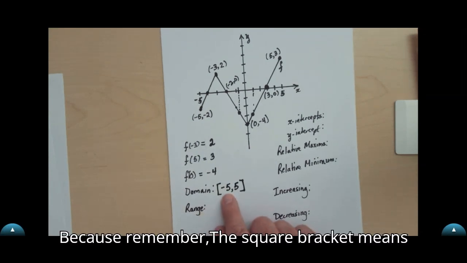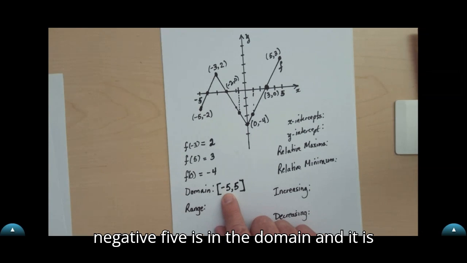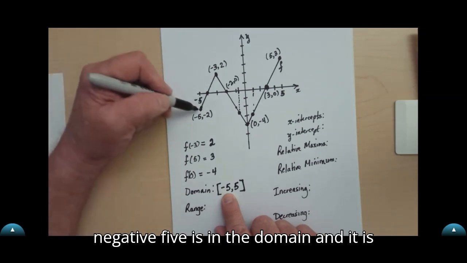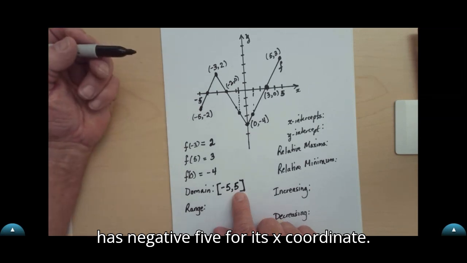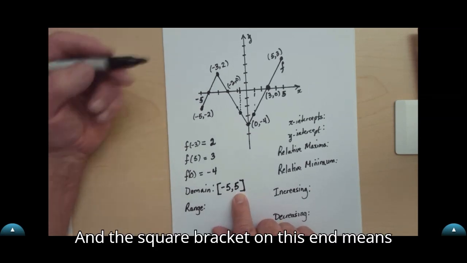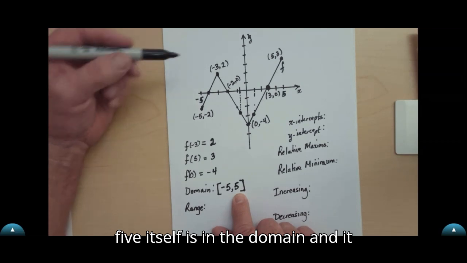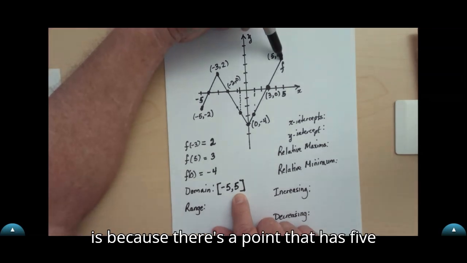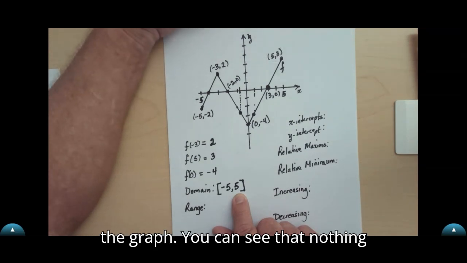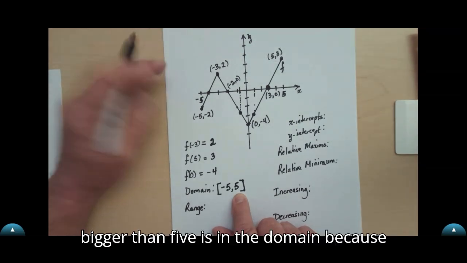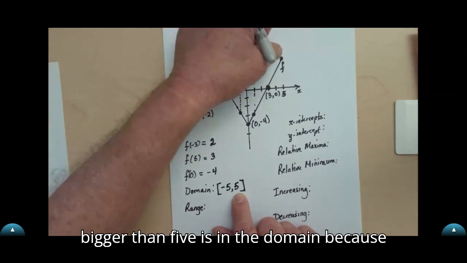Because remember, the square bracket means -5 is in the domain, and it is, because there's a point on the graph that has -5 for its x coordinate. And the square bracket on this end means 5 itself is in the domain, and it is, because there's a point that has 5 as its x coordinate, and that point is on the graph. You can see that nothing bigger than 5 is in the domain because that's an end point.